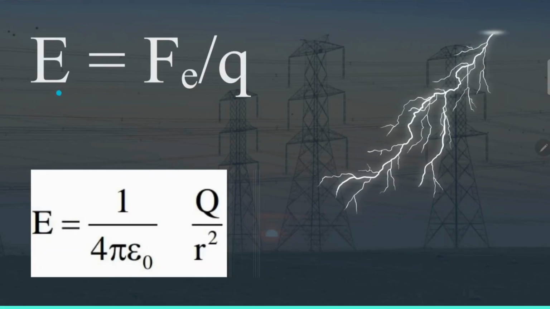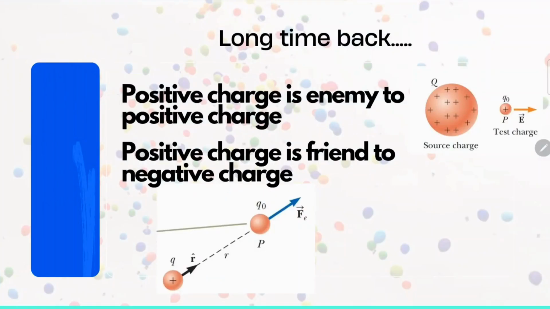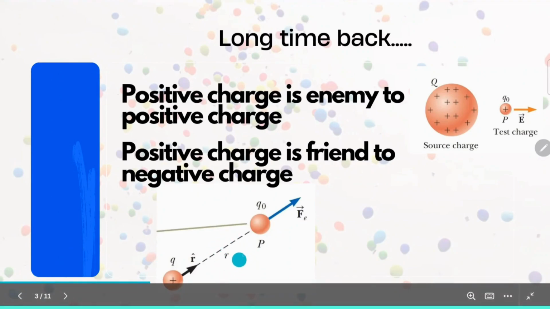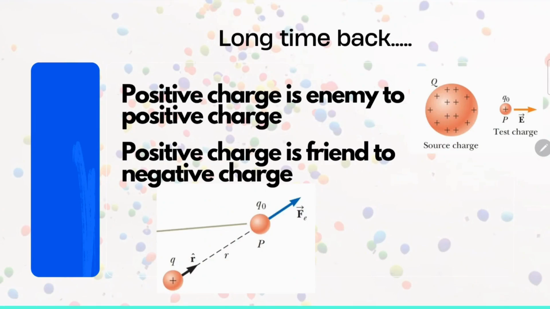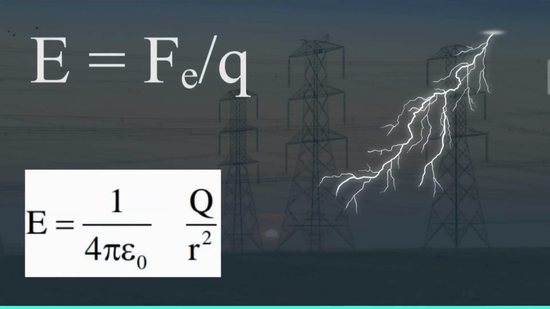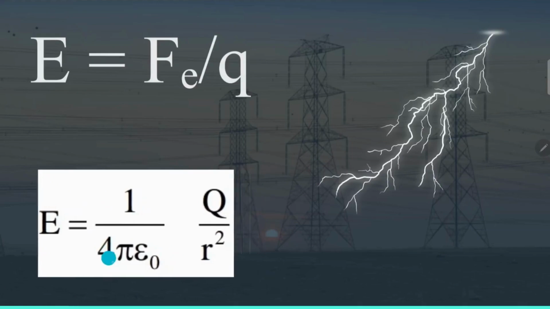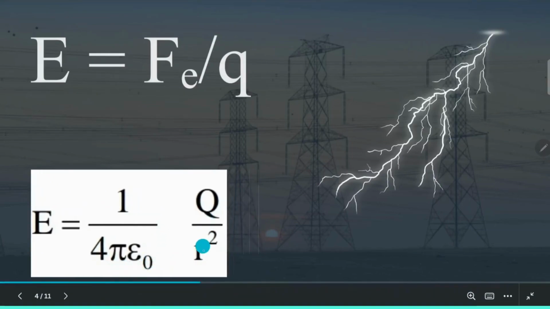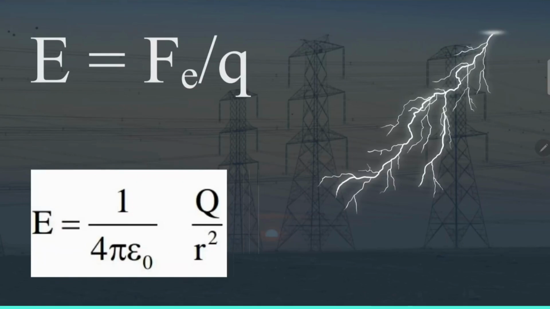And if capital Q is taken as the source charge, and the distance is small r, then the electric field due to that charge capital Q is equal to 1 by 4 pi epsilon naught, Q divided by r square. So that is the formula for electric field.